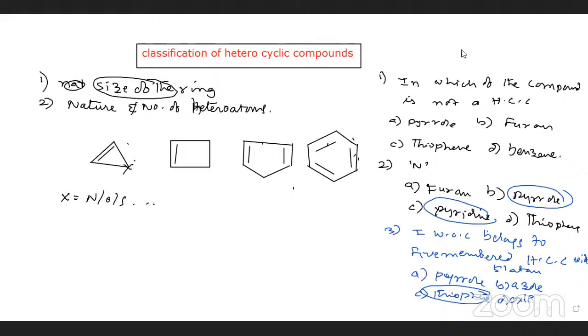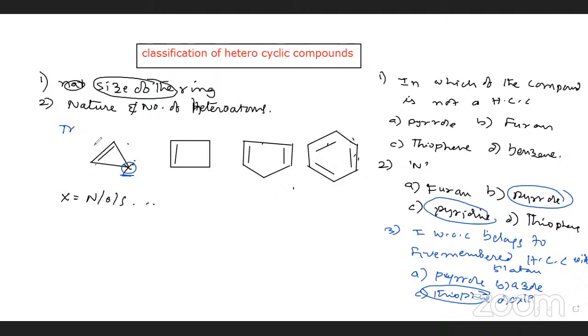So this is the cyclic system containing 3 atoms including one heteroatom.